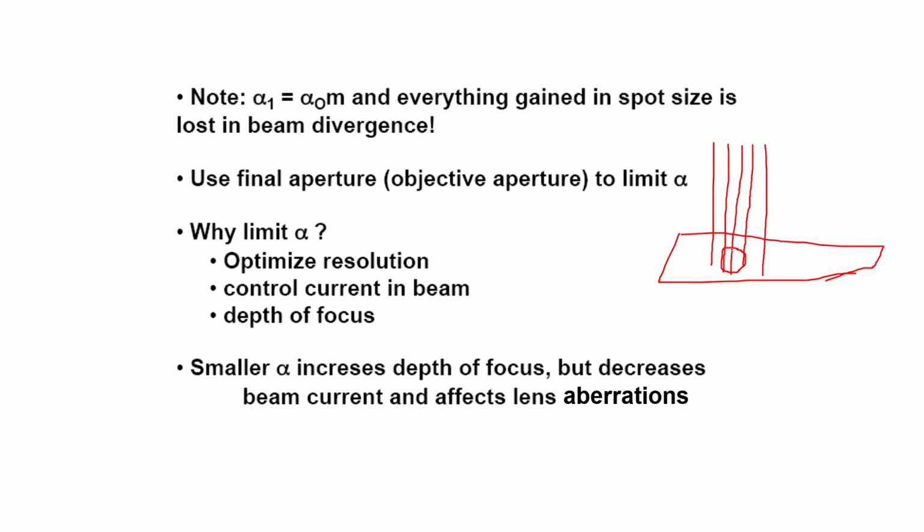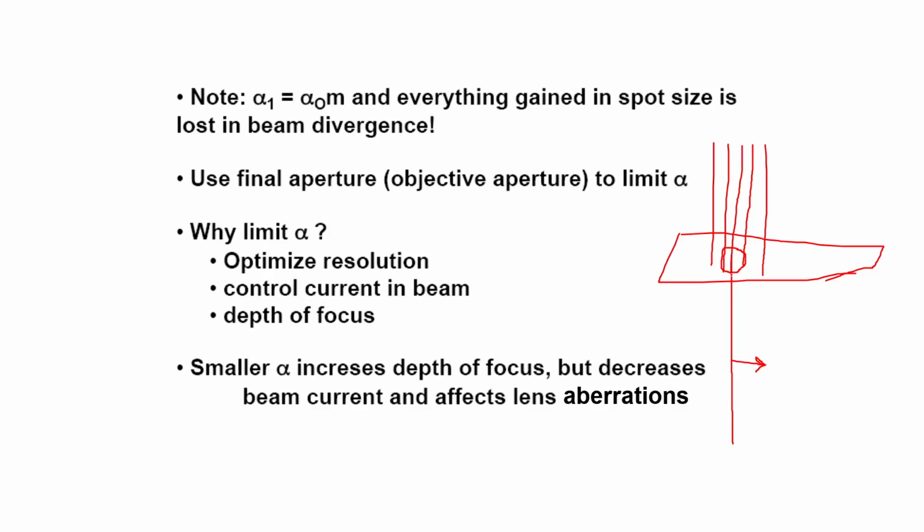So this aperture blocks certain rays which are far away from the optic axis. This center one, which I am elongating right now, is the ray which is just along the optic axis, and as we go from here to here, the distance of the ray from the optic axis increases.